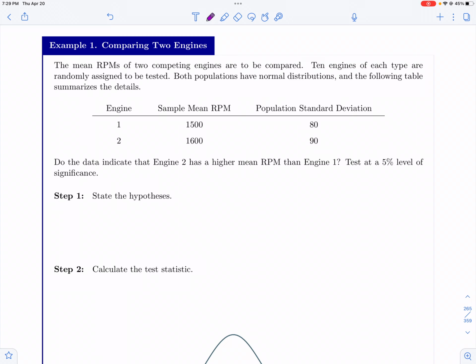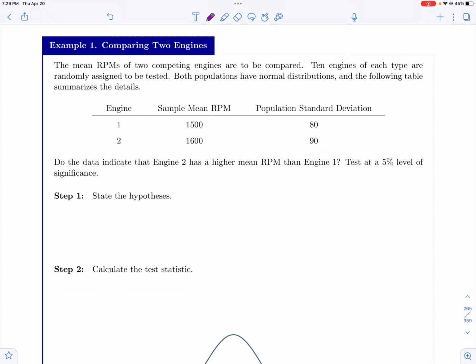The key to this one is, since we've got two different samples, we're going to have to call one of them mu1, one of them mu2, one of them x bar 1, one of them x bar 2. You can do them in any order. In this one, since engine 1 was first and engine 2 was second, and they already have the 1 and 2 there, I'm going to go with that style.